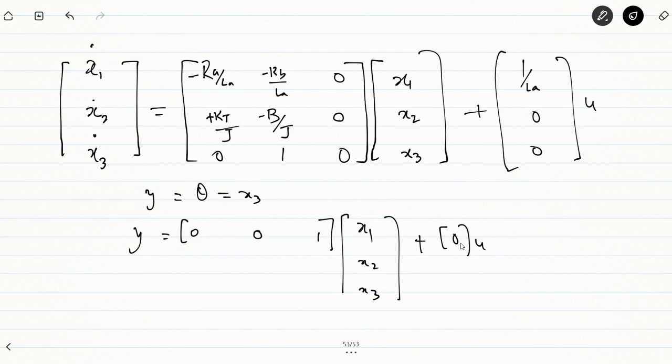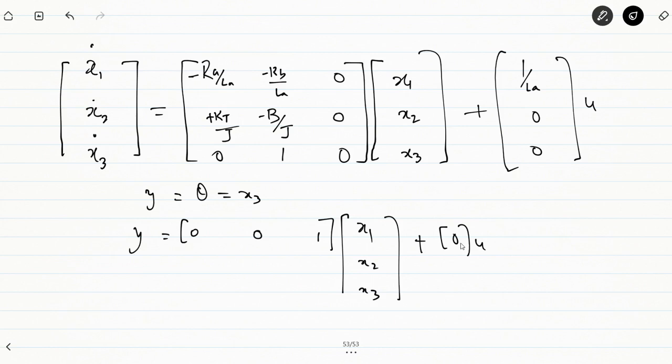In the first case, since we are only dealing with speed control, two state variables, current and speed, were enough to find out the dynamics of the DC motor. But that model was insufficient for us to control the position of the DC motor.